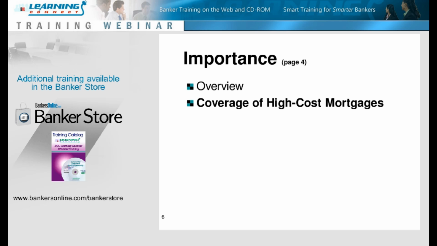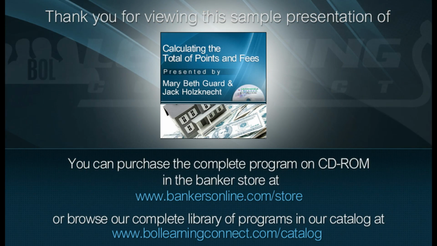I would recommend that rather than try to keep up with that in your head, at the first of each year, as these loan amount thresholds are changed, as the lesser of 8% of the total loan amount or $1,000, as that $1,000 figure changes, that you have a little cheat sheet that you laminate for the personnel within your institution who need to have that information handy.